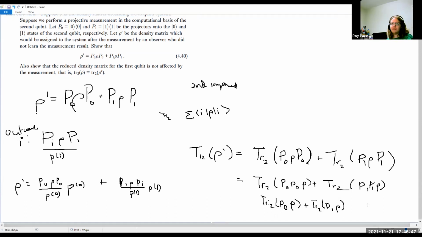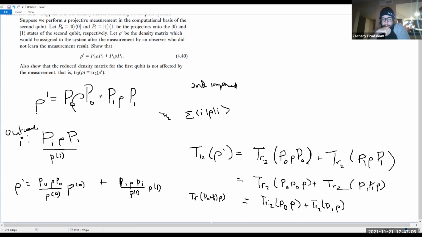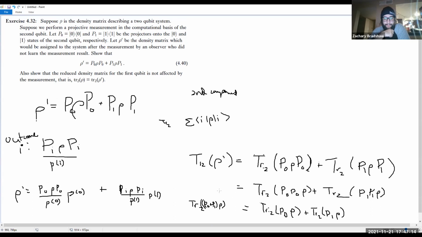Okay, so now combine the sums back together. But P0 plus P1 is what? It's the identity, right? Yes.